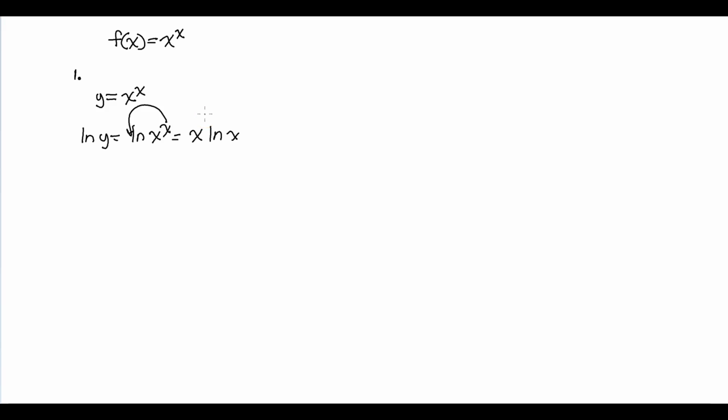If we take the derivative of both sides, you have 1 over y dy dx equals, now we just have the product rule, f prime g plus g prime f. So x times 1 over x, which equals 1. We multiply both sides by y, so y times ln of x plus 1. Sub in for y, and we have x to the x times ln x plus 1.